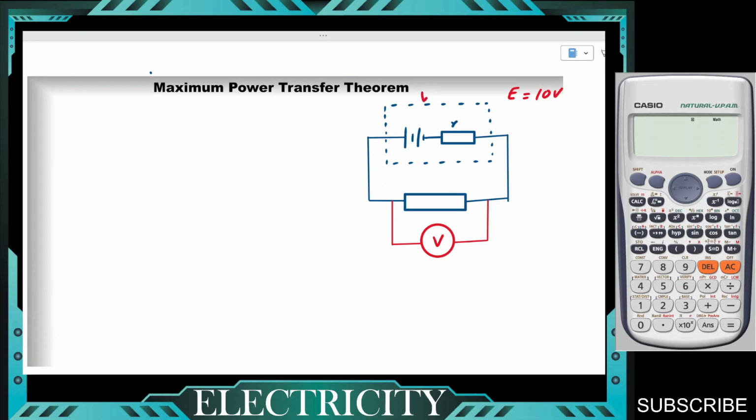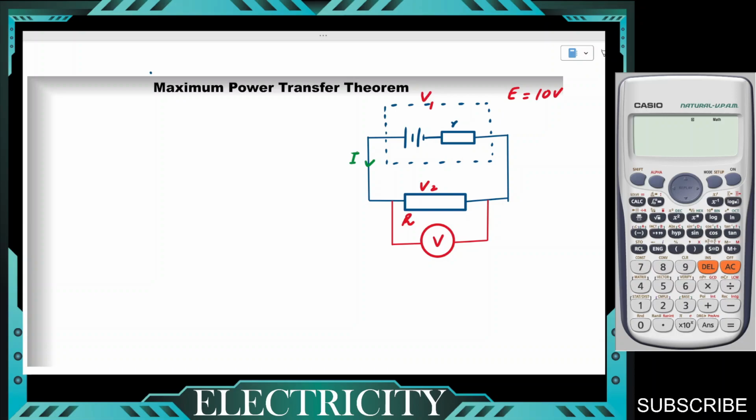Let's represent that by V1, and V1 would be something like 9.5, 9.4, 9.6. The potential across the resistor, which has the resistance capital R, is V2. And the current that is being drawn from the battery is, let's say, I amperes, capital I.